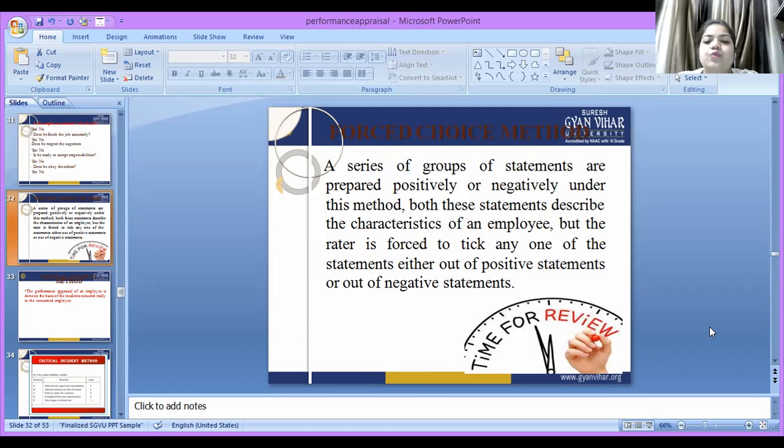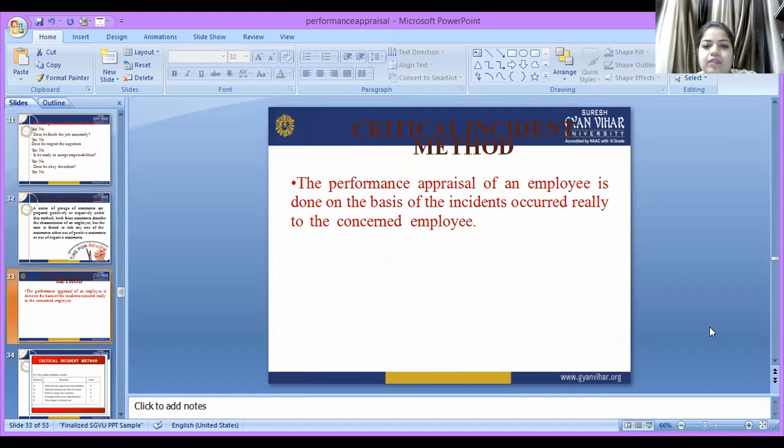But the rater is forced to take any one statement, either out of the positive statements or out of the negative statements. That is the choice of the rater. That means the statement on which basis he will take, maybe either out of the positive statements or out of the negative statements.